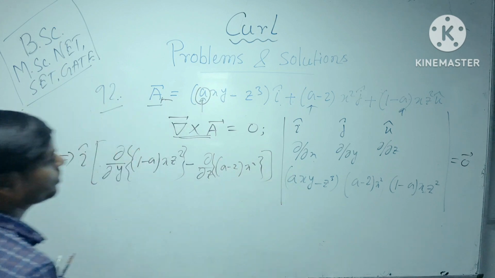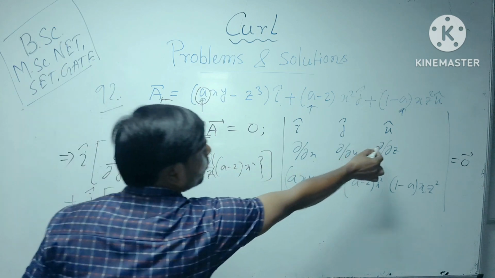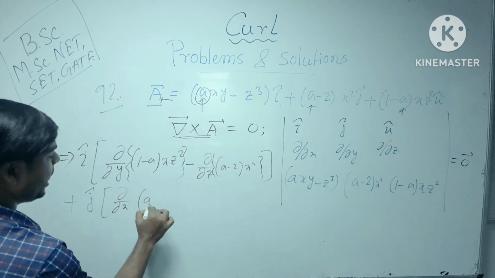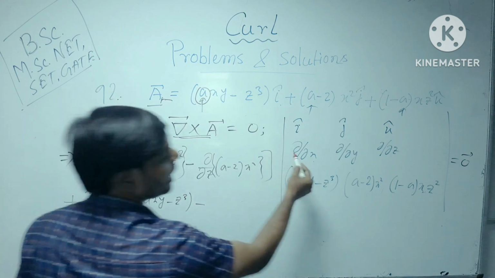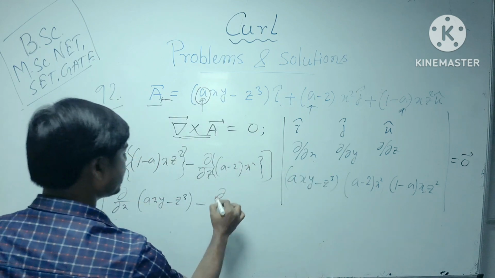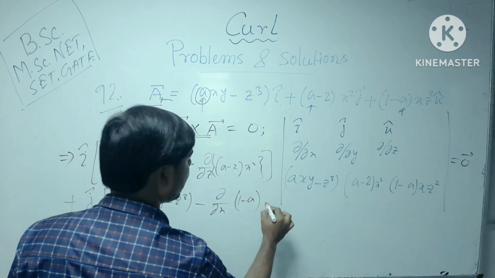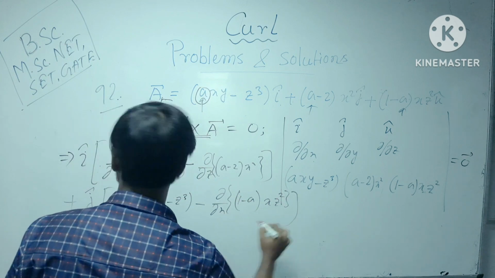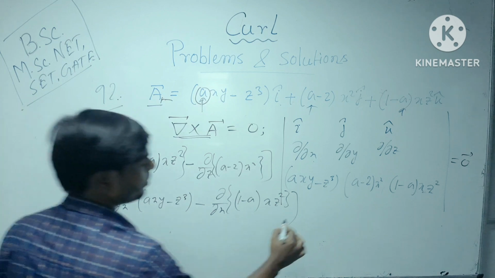So this is the first term plus second term. Second term j means from the right side del z will be, so del z of a xy minus z cube minus del x of this one. So del x of 1 minus a x z square. Okay, plus k cap.